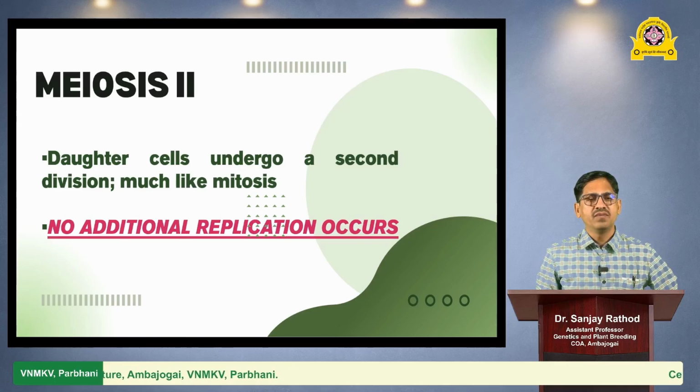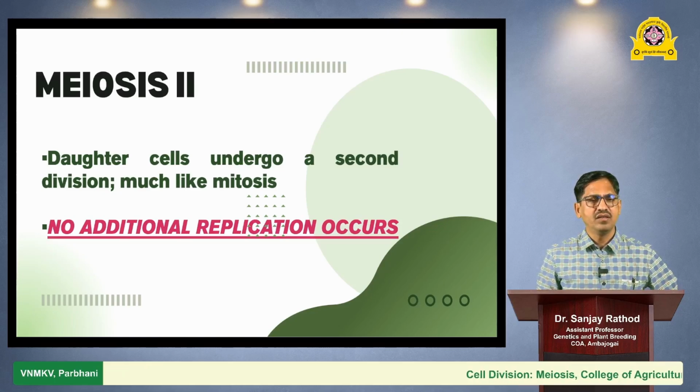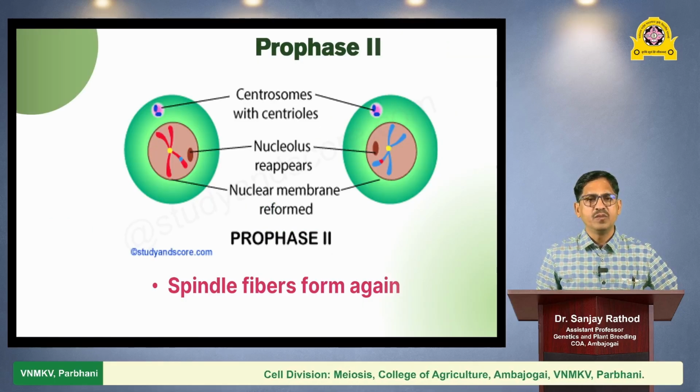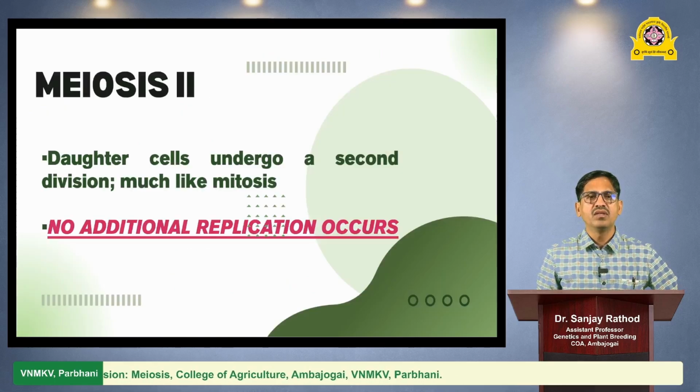After telophase first, the second meiosis starts, that is, the daughter cells undergo a second division much like mitosis. No additional replication occurs. In prophase second, the spindle fibers form again to separate the sister chromatids.